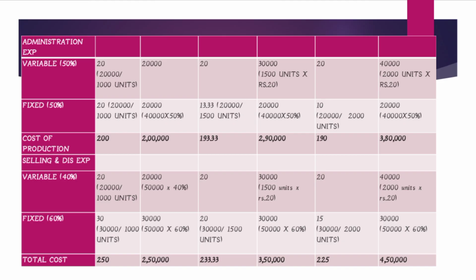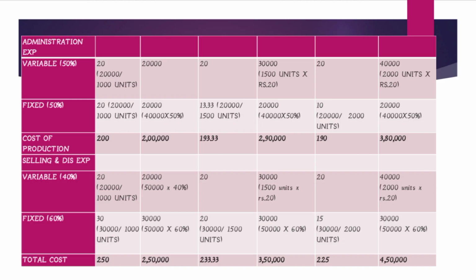So with the 20,000 value, we can find out the rupees per unit. By dividing the total value with the units, we can get rupees per unit. So total value 20,000 divided by 1000 units will be 20. Then total value 20,000 divided by 1500 units will be 13.33, and 20,000 divided by 2000 units will be 10 rupees per unit. So the fixed part has been completed.